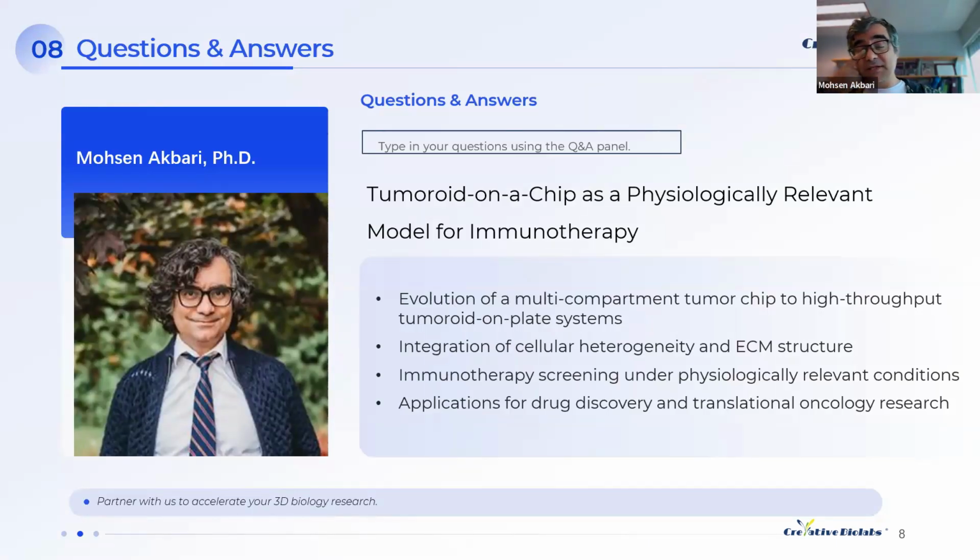Yes, this is a great comment, and I agree with you, Yanbin, if I pronounce your name correctly. So what we think is that these platforms can be used to more accurately predict the screening part of the drug development process.